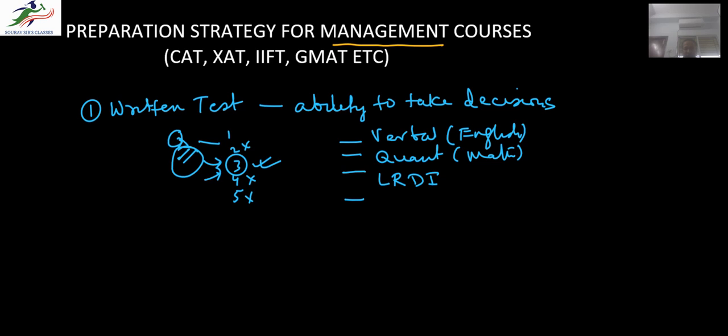And there might be a 4th and a 5th section also on general knowledge and decision making in particular. This is for XAT in particular. So these are the sections on which you will be tested.